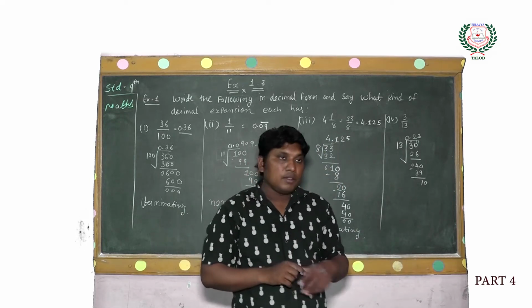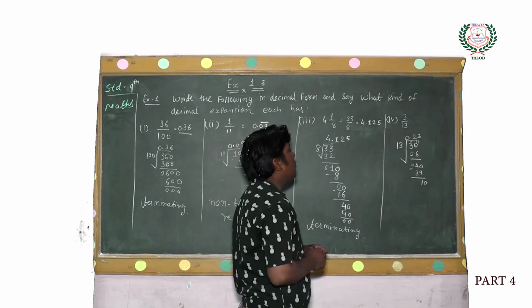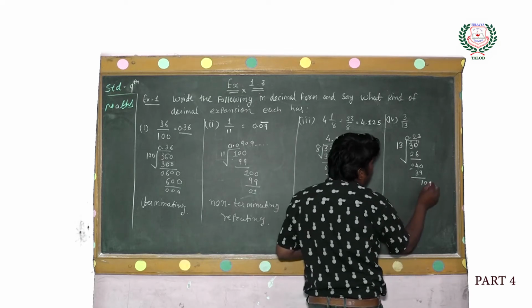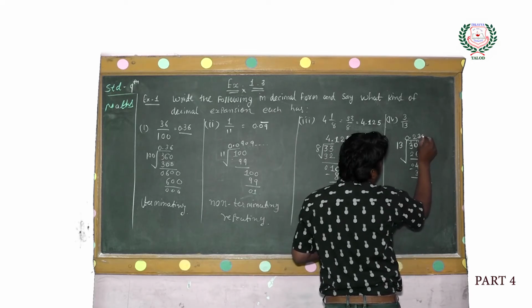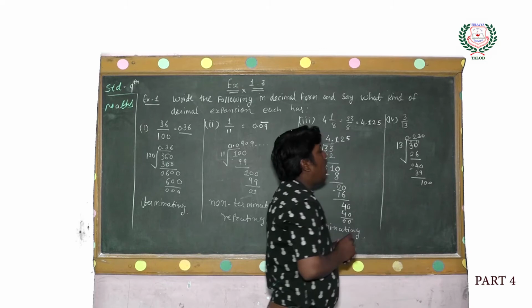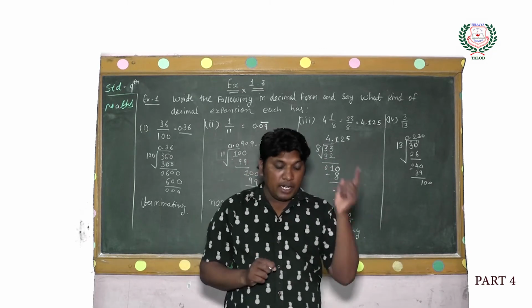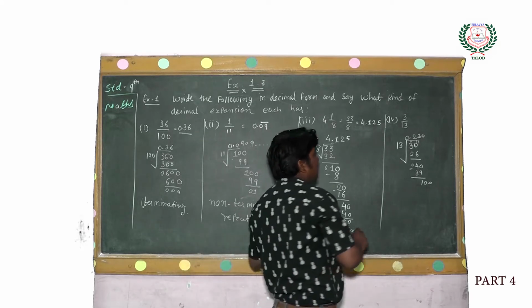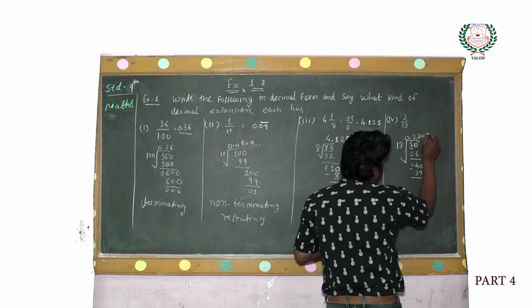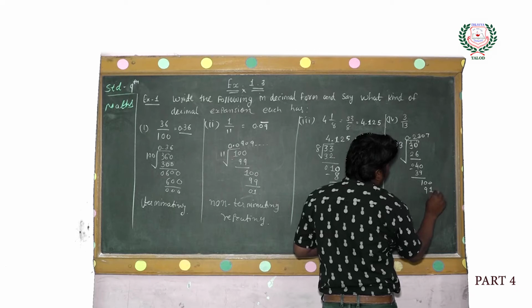But what happened? 10 is less than 13. So we have to take one more 0 here and put here 0. So now you can divide by 13. 13 sevens are 91.